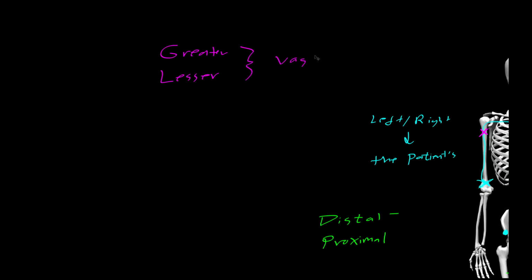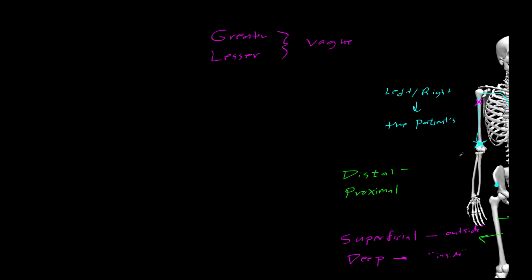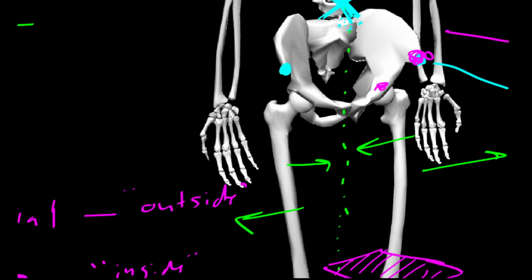Usually this means there is a pair of things, one of which is bigger or more prominent than the other. You're probably or hopefully familiar with the greater trochanter, which is that bony prominence right there. There is such a thing as the lesser trochanter, which is down here. So greater is the bigger one and lesser is the smaller one.